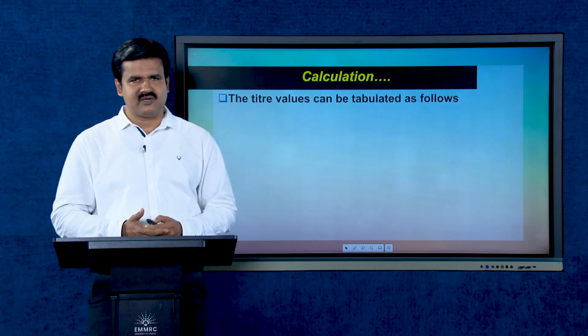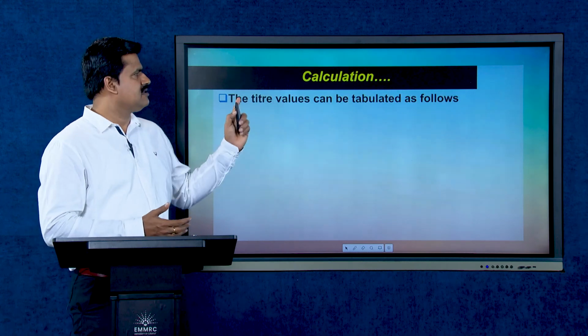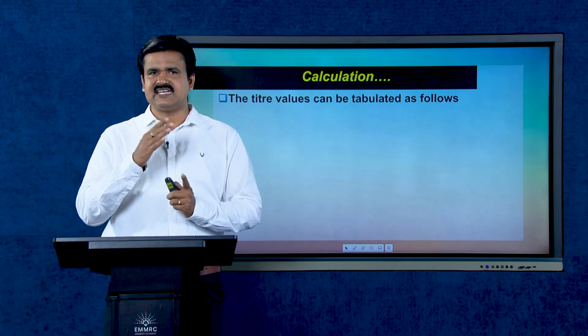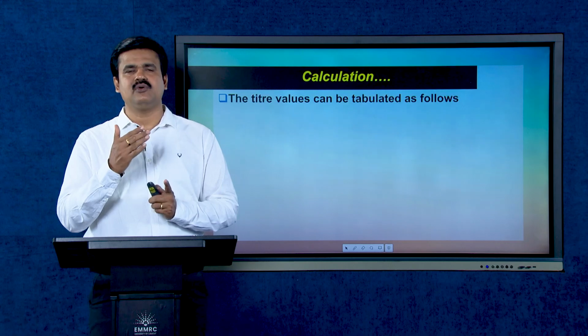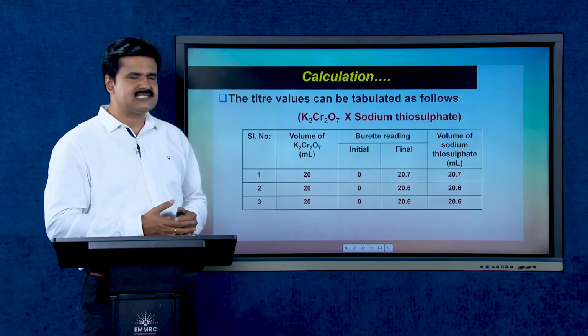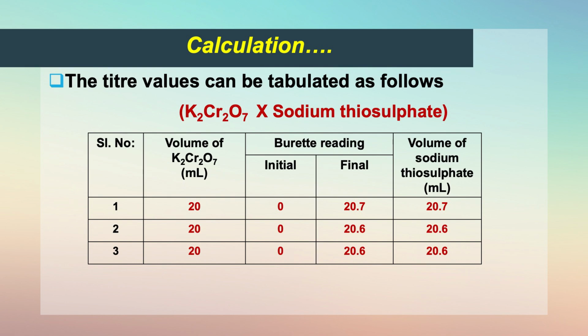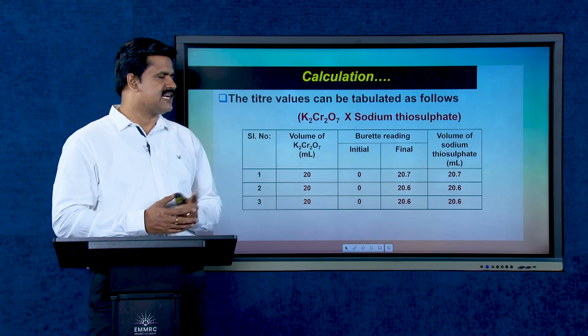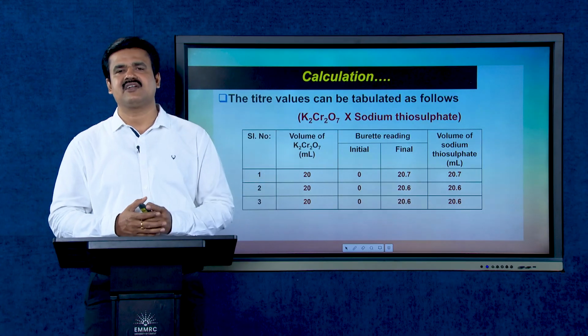Moving on to further calculation, the titer values between the titration of potassium dichromate and sodium thiosulfate can be tabulated like this. K2Cr2O7 against sodium thiosulfate. The volume of potassium dichromate pipetted out during 3 consecutive titrations is 20 ml, as you can see in the second column of the table, and the corresponding burette readings are noted here.